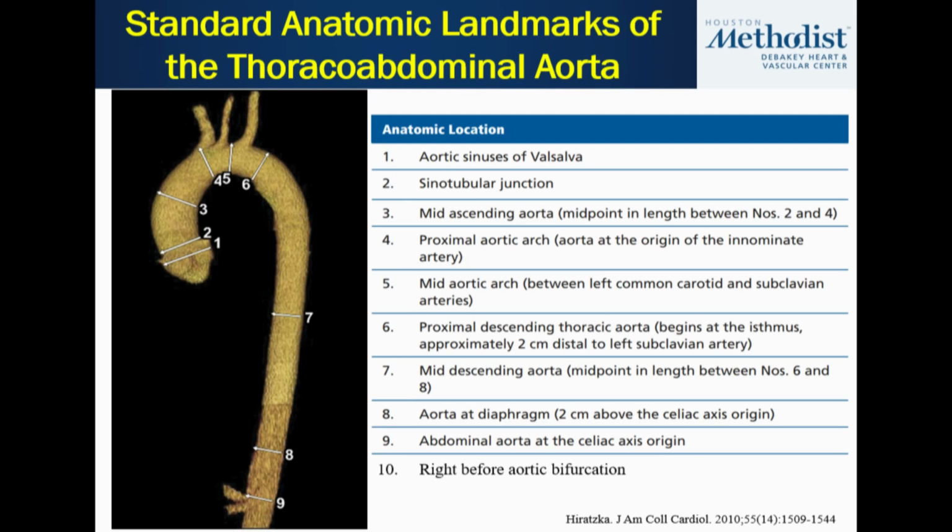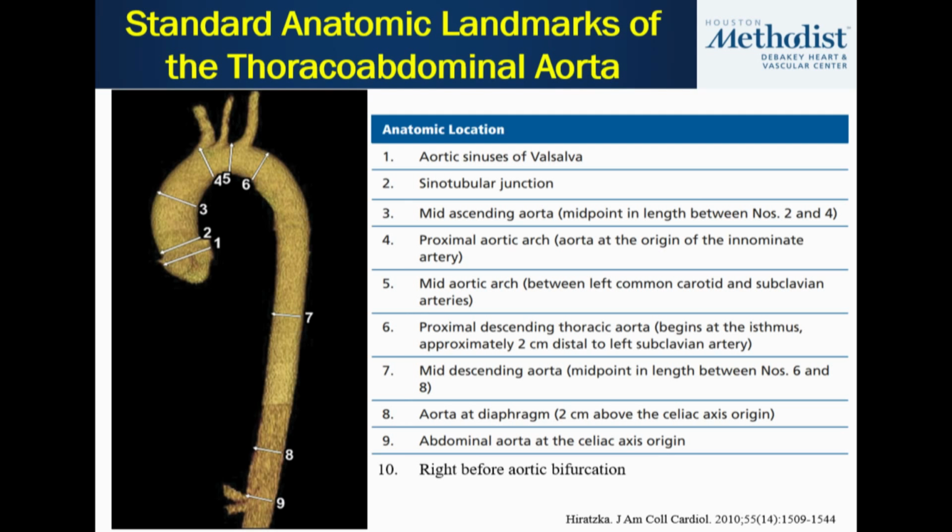You should be taking measurements at the widest part of the aortic sinus, followed by the sinotubular junction, then again at the mid-ascending aorta. You make another measurement at the proximal aortic arch right before the right innominate. This is then done by a measurement in the mid-arch between the left common carotid and the subclavian artery. The sixth measurement is done 2 centimeters distal to the left subclavian, and that's at the isthmus of the aorta.